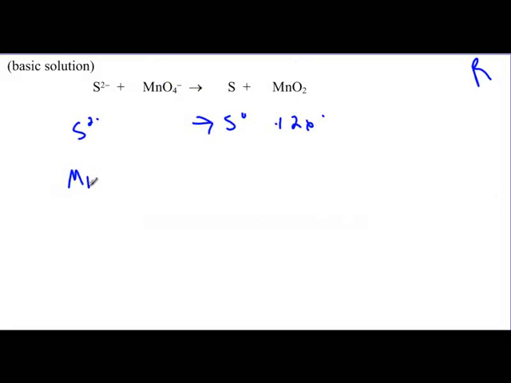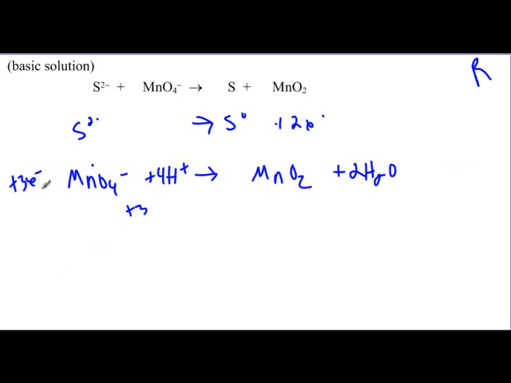I have an MnO4- becoming an MnO2. 4 oxygens, 2 oxygens. I'm going to need 2 waters to get the extra 2 oxygens. I end up with 2 times 2 is 4 H's, so that's plus 4 H pluses. Now when I do that, I end up with plus 3 on this side. This is 0, neutral, so I'm going to need plus 3 electrons.